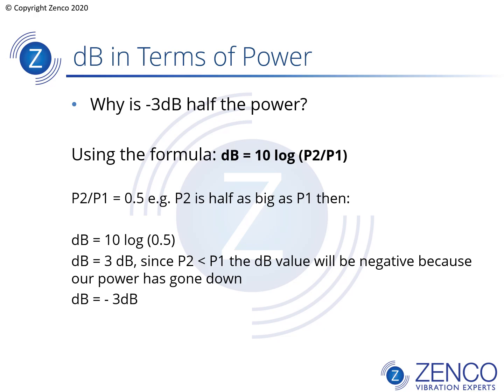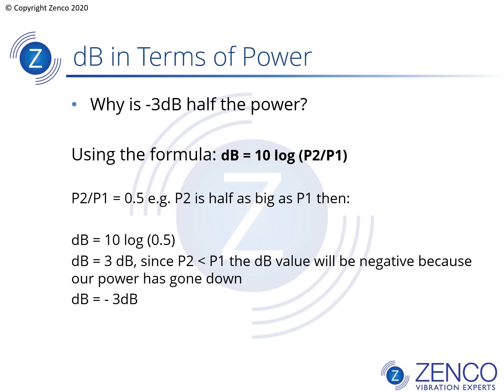So why is 3 dB half the power? Let's use the formula where dB equals 10 times the log of P2, or the output power, divided by P1, or the input power. If we're saying that the power is half, that means P2 divided by P1 would be 0.5. In other words, we're getting out half the power than before.